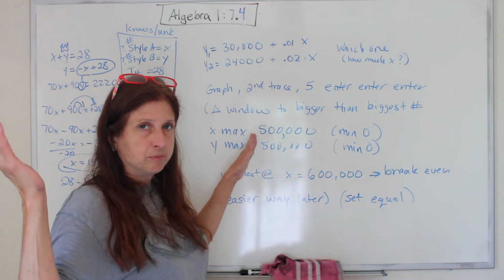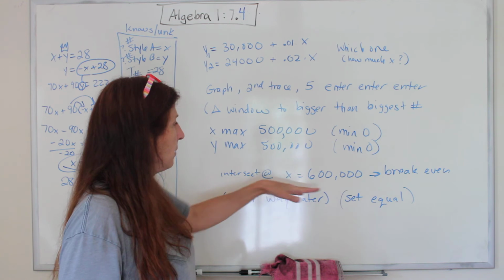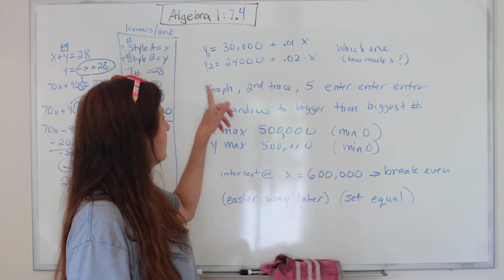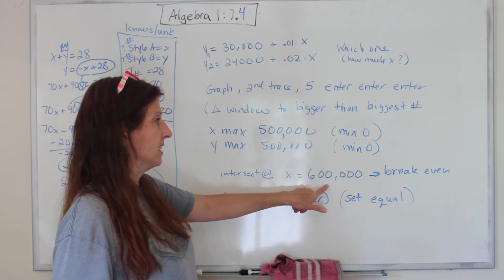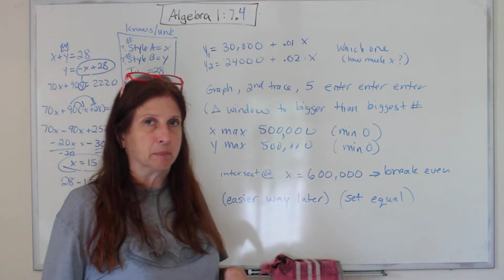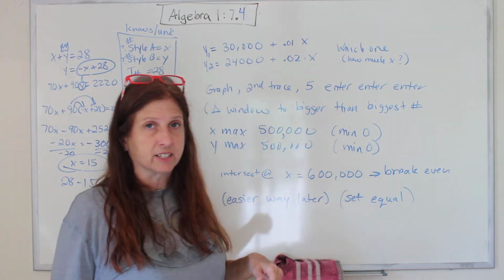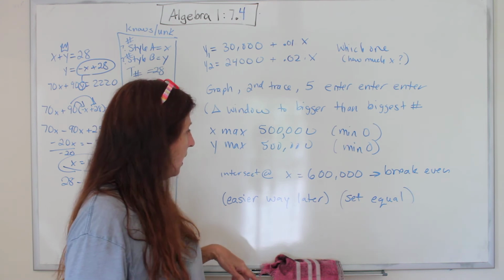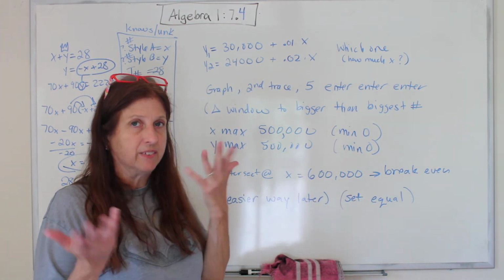Make it $1 million, both ways. Then when you do graph, second trace, enter, enter, enter, X, it tells us it's 600,000. So that's how much we're going to have to sell. This must be something expensive you're selling. I don't think you're selling skateboards if you're going to have to sell $600,000 worth of them. And that's where you would break even, and that's what you need to figure out, if you can sell that much or not.